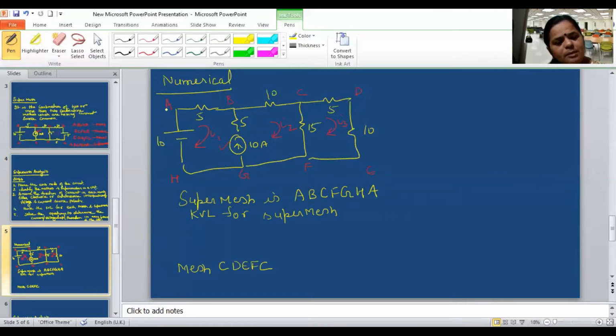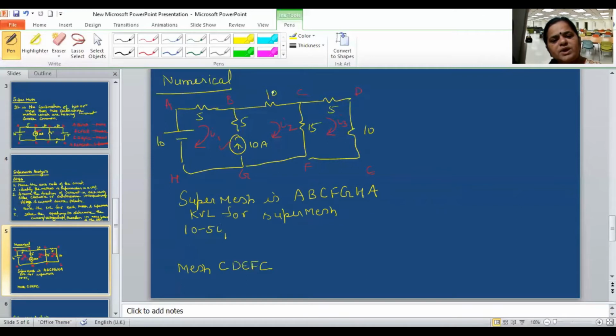So what is the KVL equation for mesh 1? That is 10 minus 5I1. We will not write for this particular branch as it has the common current source. So 10 minus 5I1 is the mesh equation for mesh 1, leaving the current source branch.